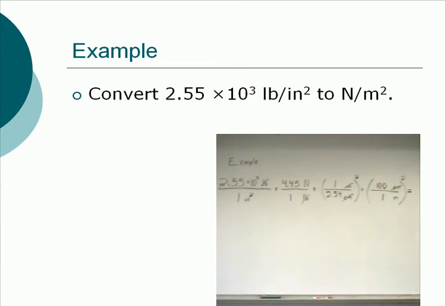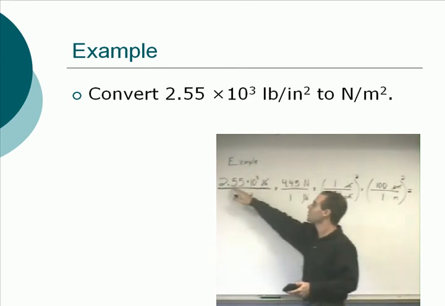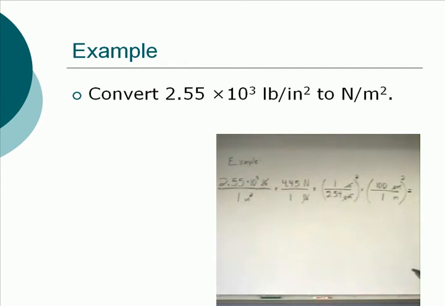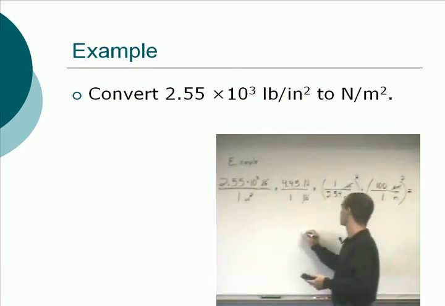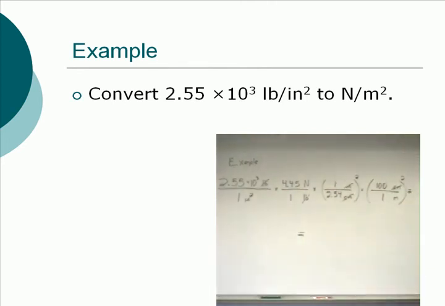Okay, start multiplying. 2.55 times 10 to the third. Now you really could call that 2,550. Wouldn't matter. Now it's good to leave extra sig digs and round off when we do that last division step.